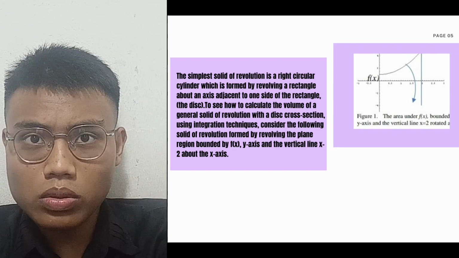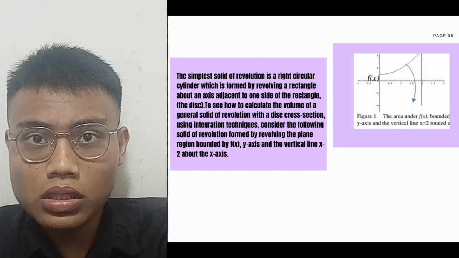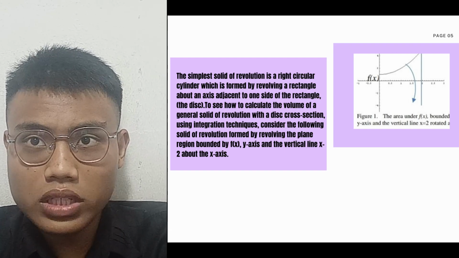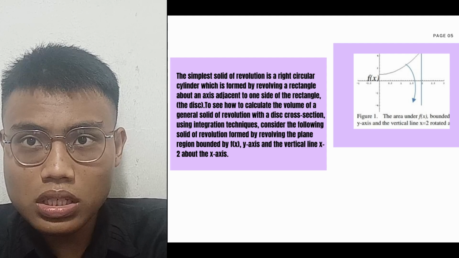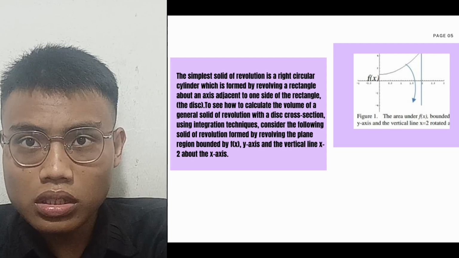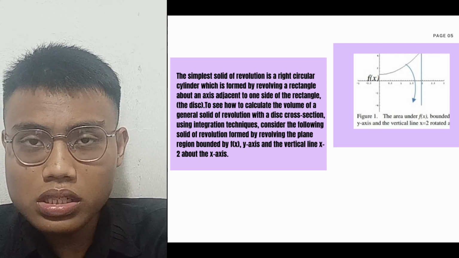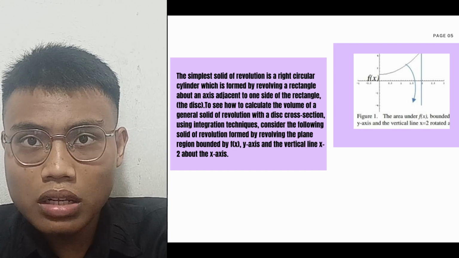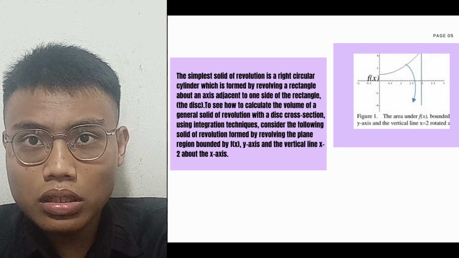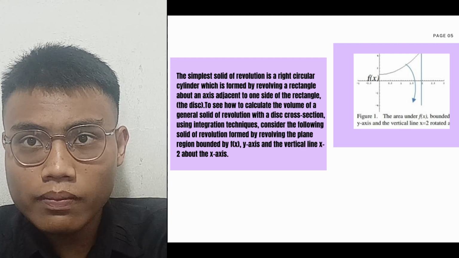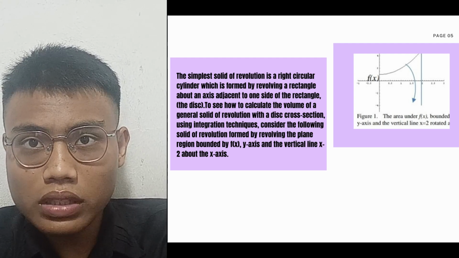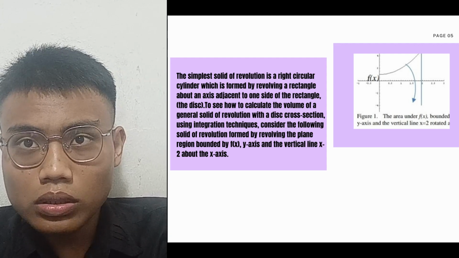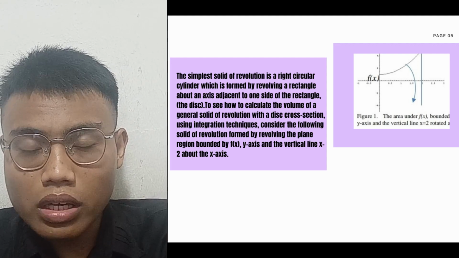To see how to calculate the volume of a general solid of revolution with a disc cross section using integration techniques, consider the following solid of revolution formed by revolving the plane region bounded by f(x), the y-axis and the vertical line x = 2 about the x-axis.